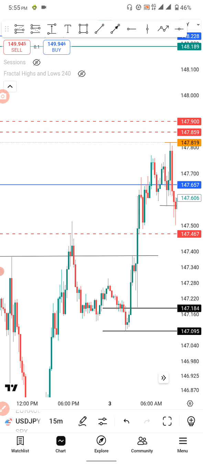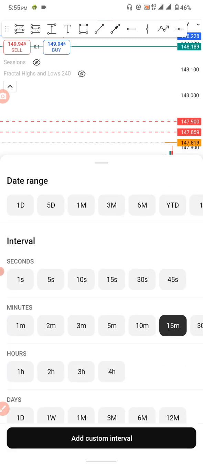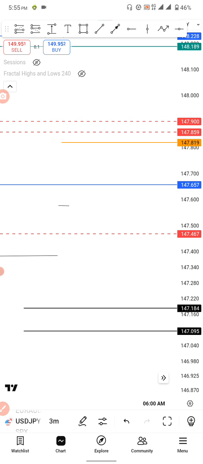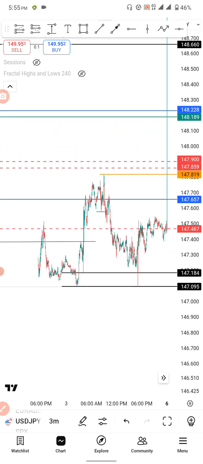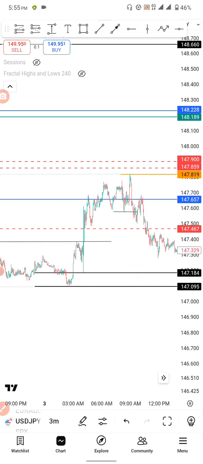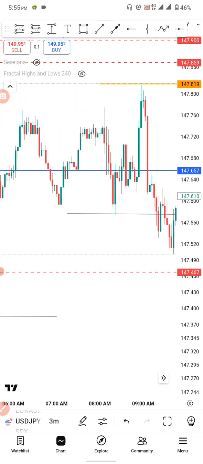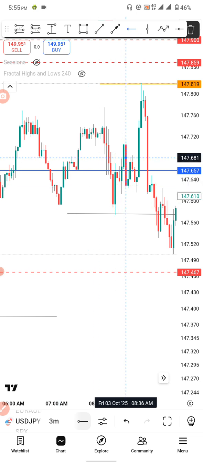So now let us go to M3 to see if we can get that sell on the liquidity engineering. Where is the pattern? It is here. Yes, the liquidity is there.